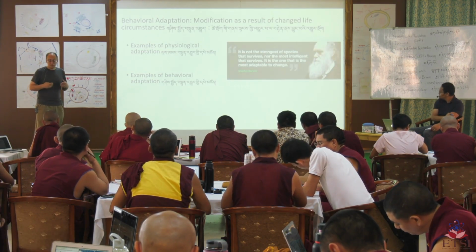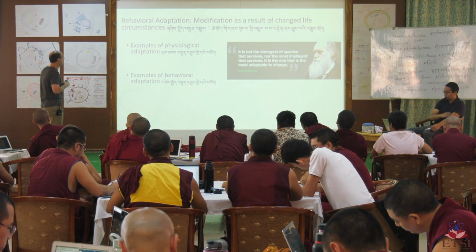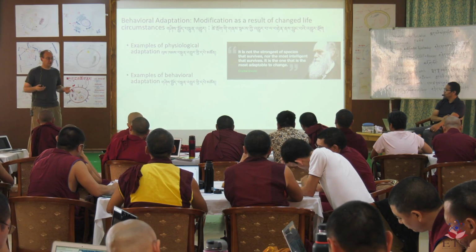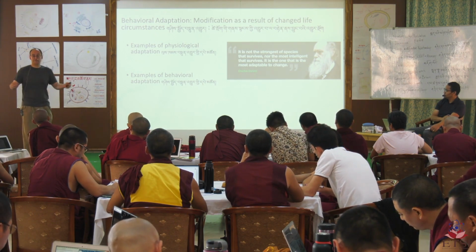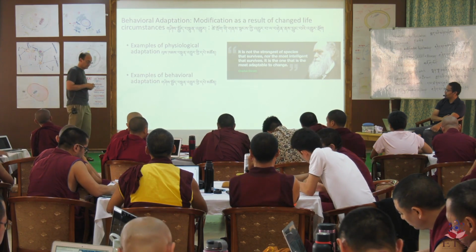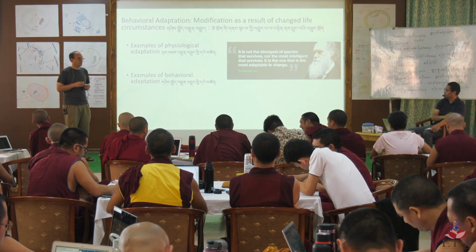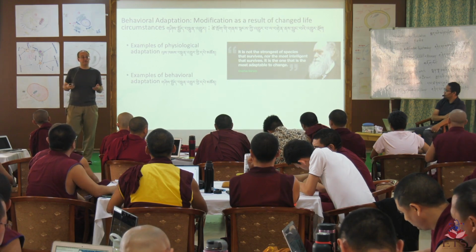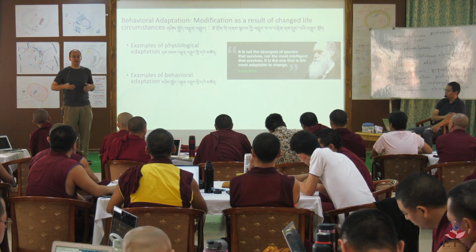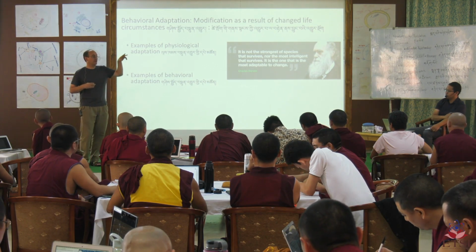So there are lots of examples of behavioral and physiological adaptation, and these are changes that occur as a result of life circumstances. So as an example of a physiological change, in a person, in an individual, you might have a physiologic change with a challenge, maybe hiking up a mountain.